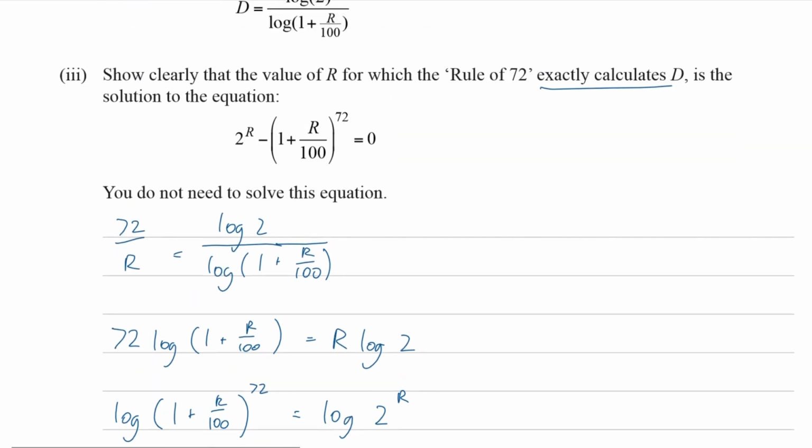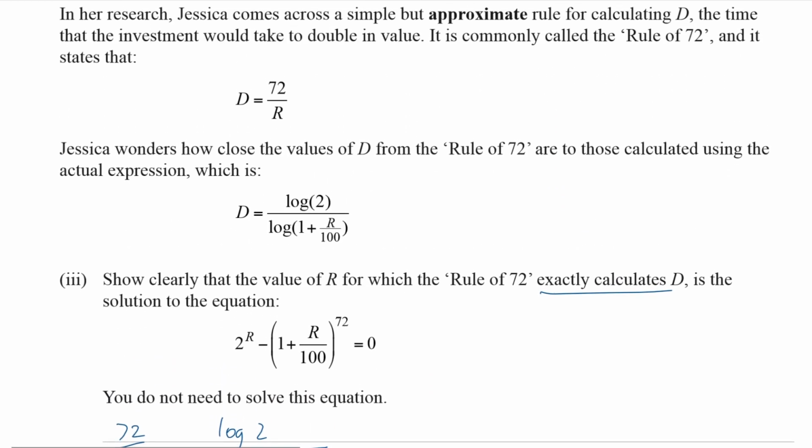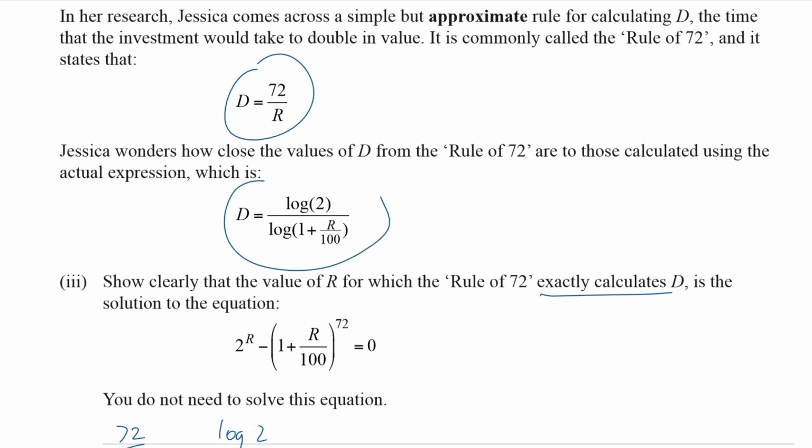So to recap this one, we equated these two expressions, so 72 over r to this log expression, rearranged it, converted it to its exponential form, and then finally rearranged to get to this equation.